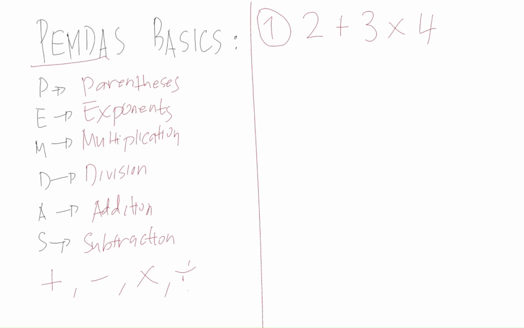Another thing you have to remember is that multiplication and division, they are best friends. And then addition and subtraction, they're also best friends. So when you see both multiplication and division together, you won't do it in a manner wherein, oh, since multiplication is first, that's what you're going to do.